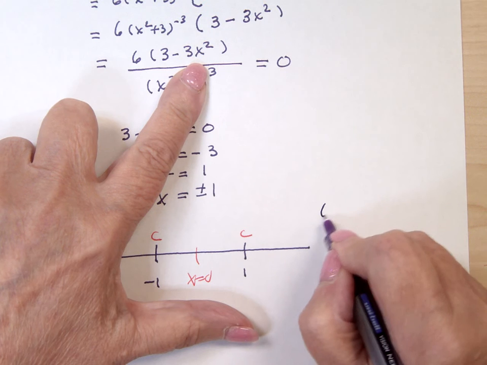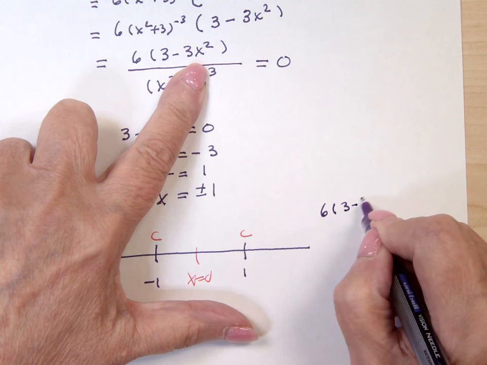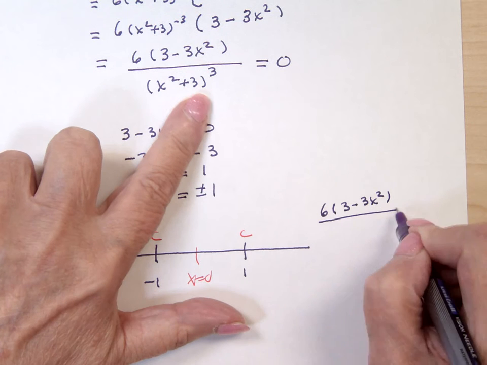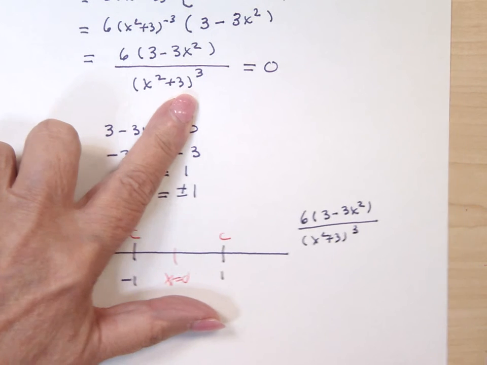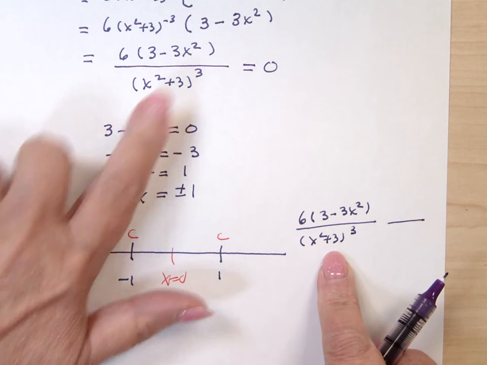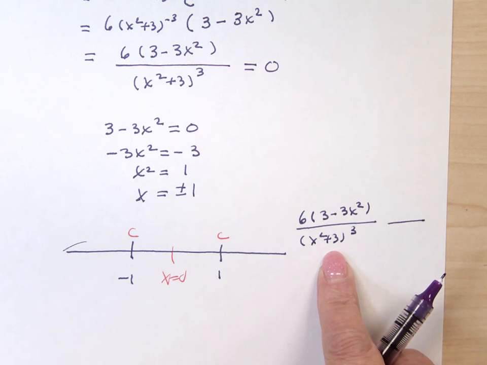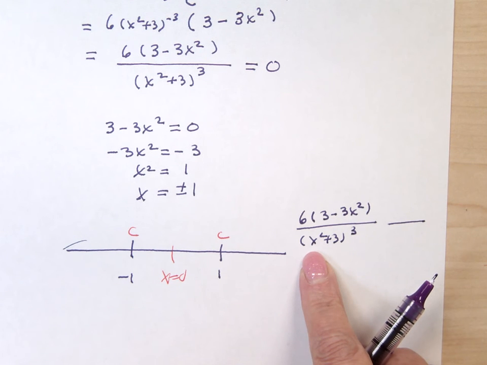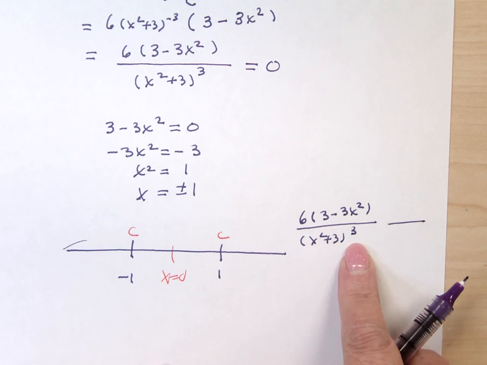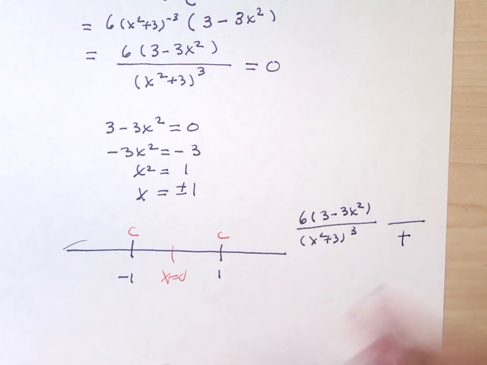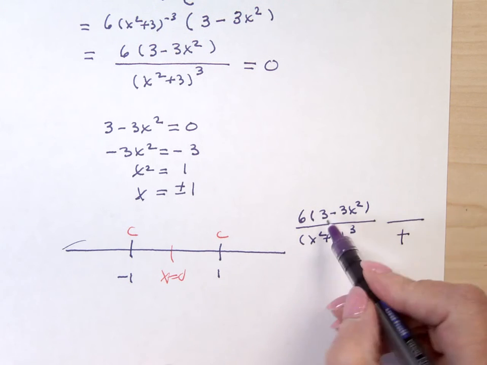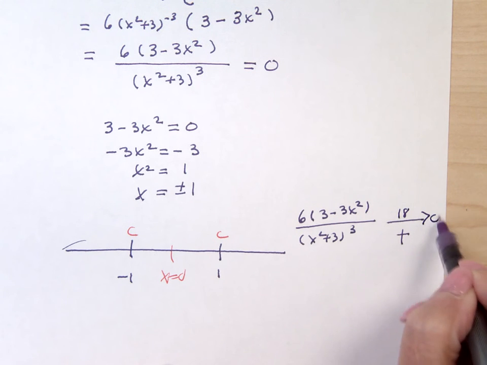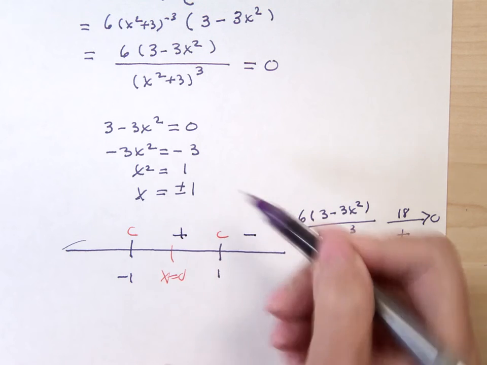If I look at 6 times (3 minus 3x squared) over (x squared plus 3) cubed, this denominator, no matter what number I put in, is a positive number. If I put a negative 1 in, I square it, squared plus 3 is positive, positive cubed is positive. It goes the way of the numerator. So if I put 0 in, I'm going to get a positive 18. So it's positive here, negative, negative.